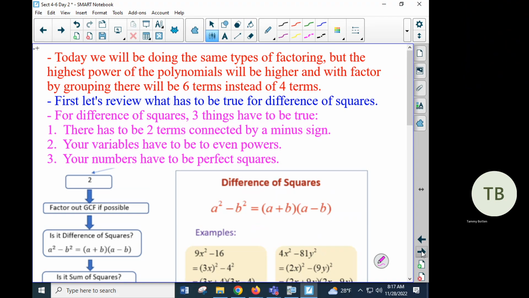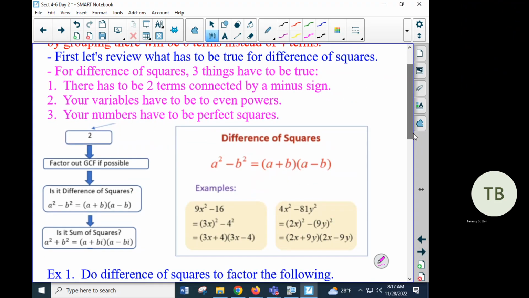So first of all, we're going to talk about what happens if we have difference of squares, okay? So in difference of squares, like say that I gave this. The first thing is it has to be connected by a minus sign. Your variables have to be even powers. So you could even have a y here. As long as both of these powers are even, you're fine.